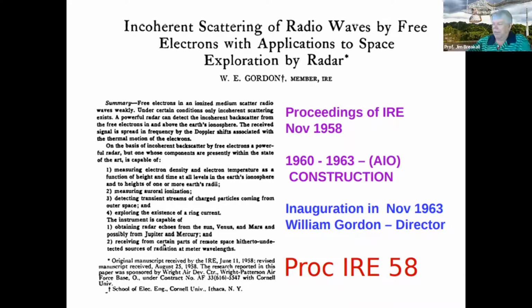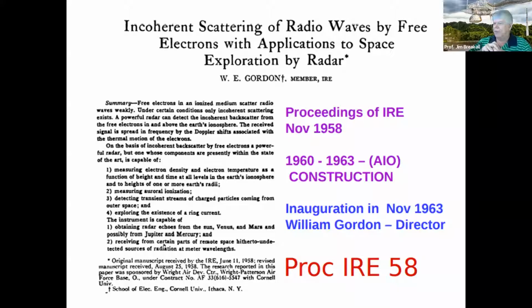And so this professor, William Gordon, who was a professor at Cornell University, came up with the idea to build this great big radar. And his idea, of course, when you think of antennas or even optics, like a telescope, you would think of having a parabolic dish, or a parabolic reflector.